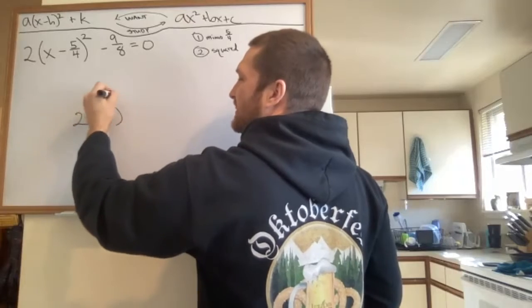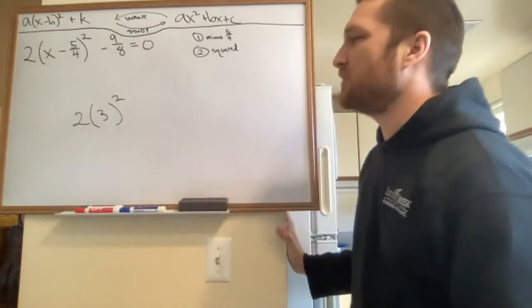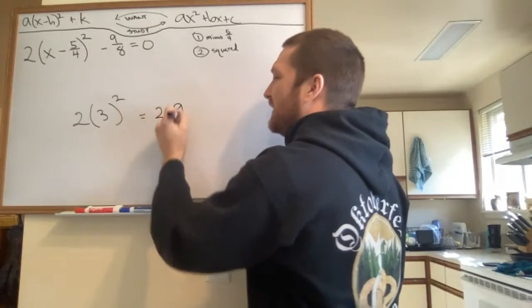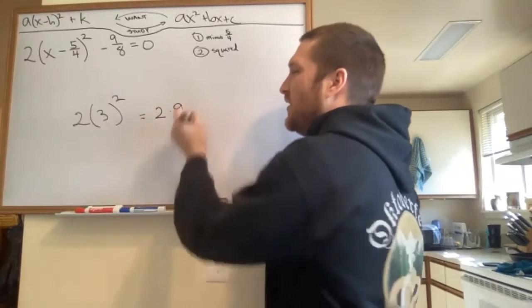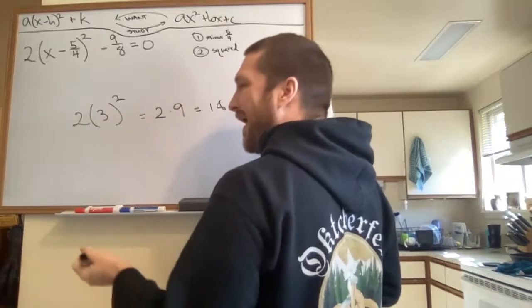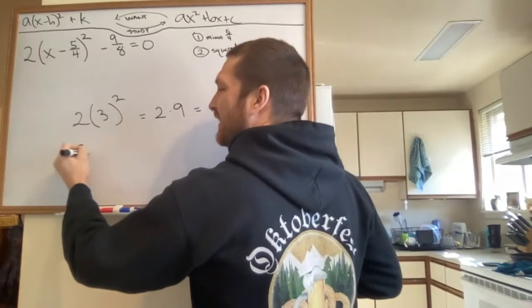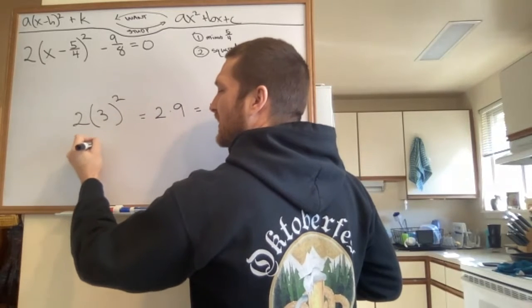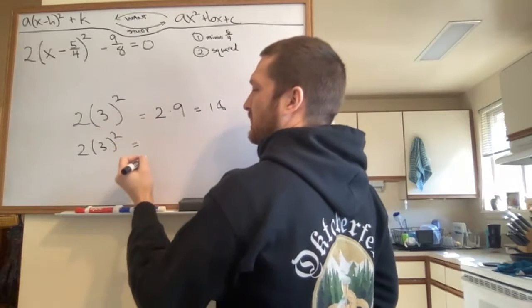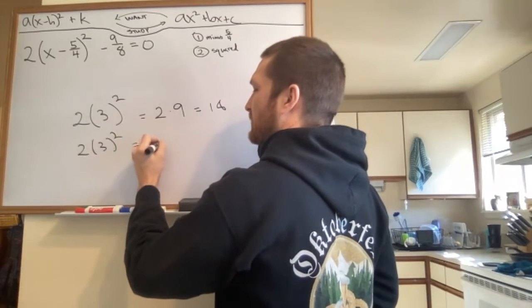And let's just be really careful about that. Let's say we had this. 2 times 3 squared. That's the same thing as 2 times 9, because we do that first, which is 18. If we did it the opposite way, let's see what we would have. If we said, okay, here's 2 and here's 3 squared, do the multiplication first. Well, I guess that would be 2 times 3 first.